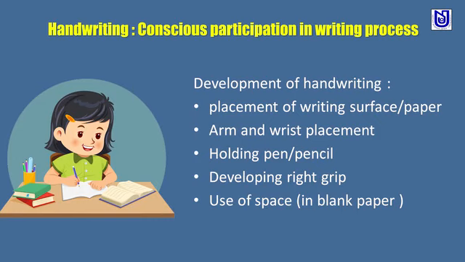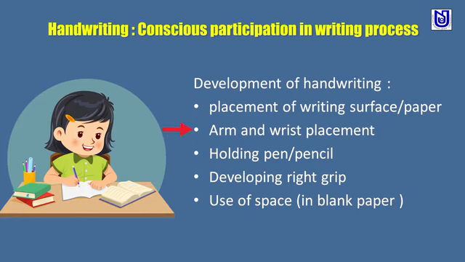And we often get compliments or we often get scolded for our handwriting. What are the stages of developing handwriting? Placement of the writing surface, that is very important for development of handwriting. Then arm and wrist placement, these should be taken care of, otherwise you won't be able to have the skill to have good handwriting.